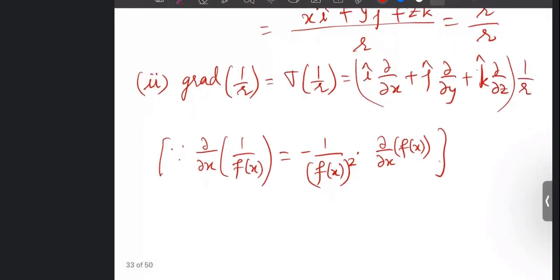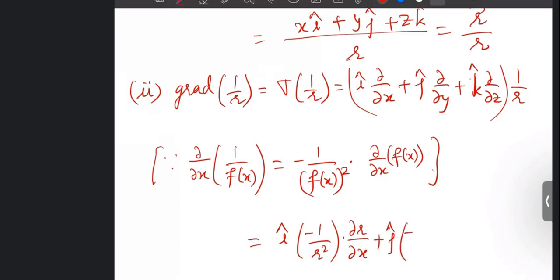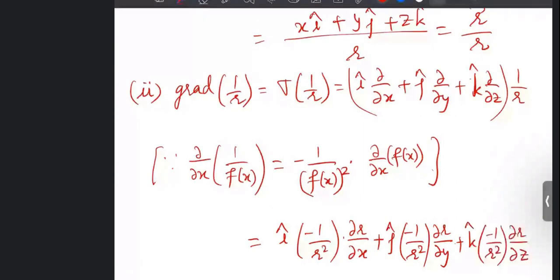Each one we consider separately, the derivative of 1 by r with respect to x, with respect to y, and then it is equal to i into minus 1 upon r square into ∂r/∂x plus j into minus 1 upon r square into ∂r/∂y plus k into minus 1 upon r square into ∂r/∂z, using this rule which we have mentioned here.